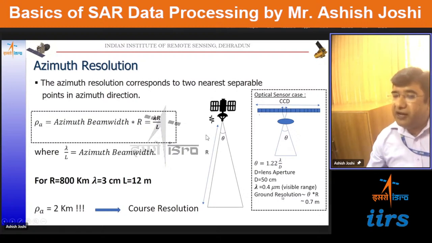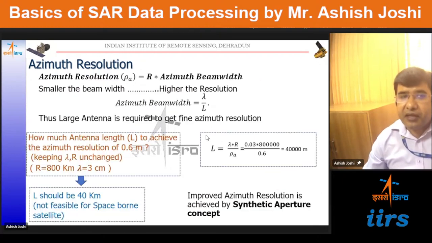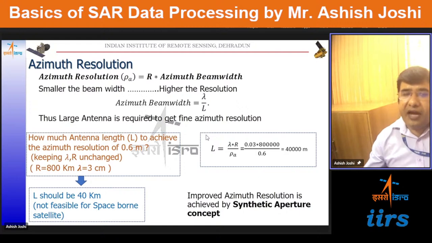So with this formula we can get a much finer resolution in the optical with lenses and mirrors, but in the microwave region with the antenna we cannot get a very high resolution in the azimuth direction. In the range direction we get higher resolution with the pulse compression technique, but in the azimuth direction we still have to do something to get better resolution. So let us consider how to get a better azimuth resolution.